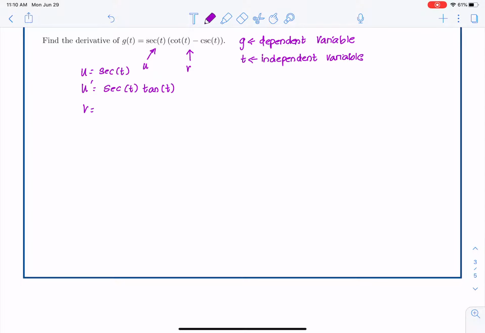The value of v is cotangent t minus cosecant t.